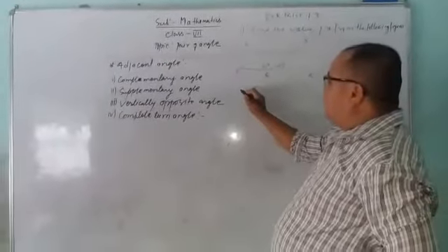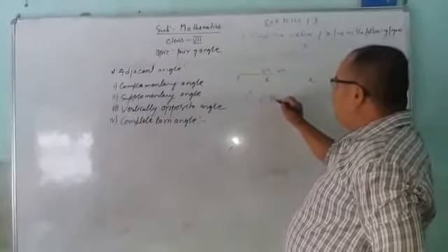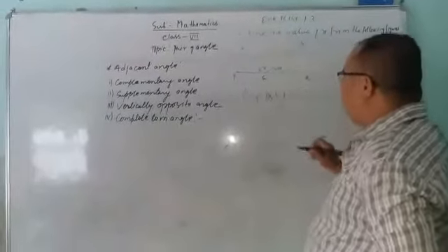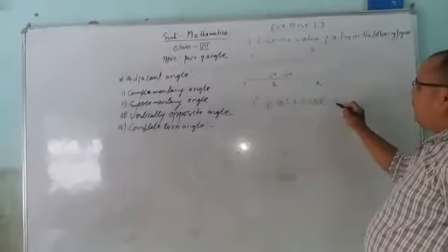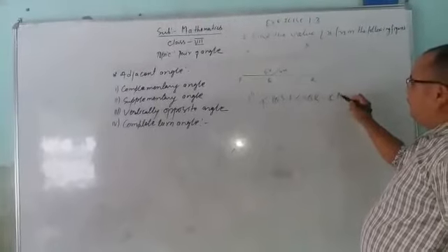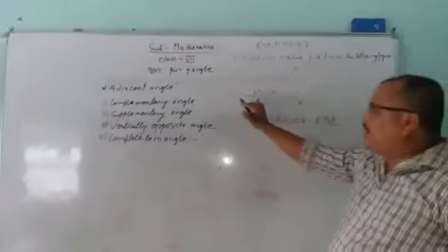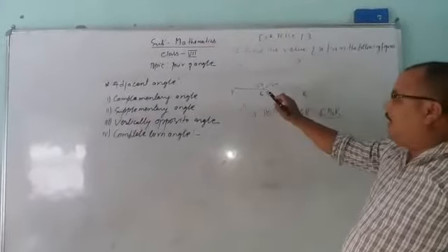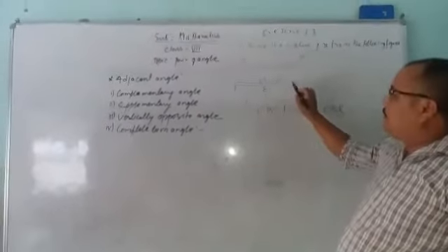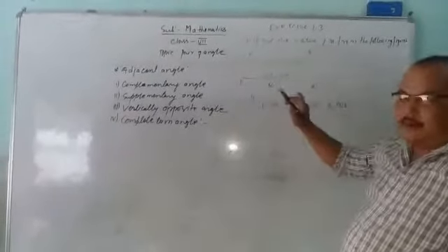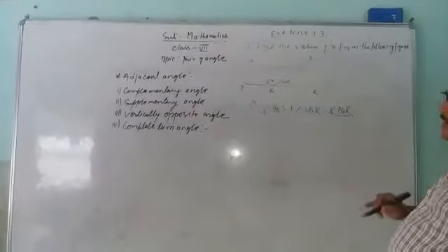Solution, you write down: angle PQS plus angle SQR is equal to angle PQR. PQR is a straight angle, and it is also called supplementary, because in a straight angle there are two angles formed in a common vertex Q. So that is called supplementary angles or linear pair angles.